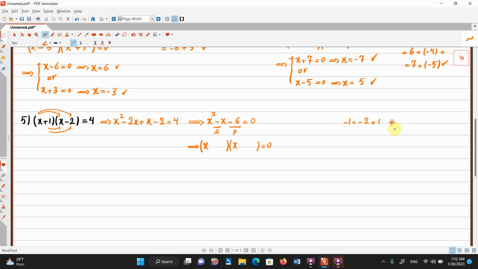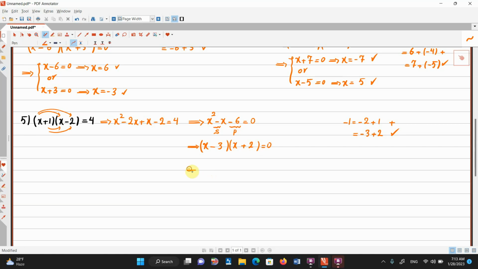Then this option is not acceptable. I'm going to the next option. The negative integer before -2 is -3, and here the positive one can be 2. -3 times 2 makes -6. Then this option is acceptable. -3 here, positive 2 here.